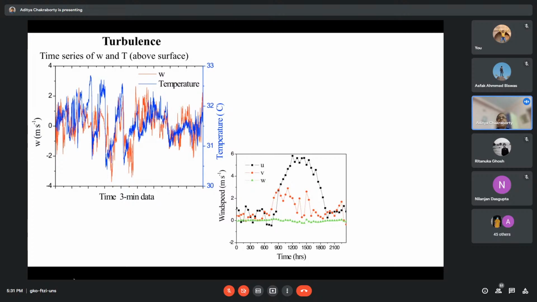So on a very small time scale, W varies a lot, and this high variation of wind is actually responsible for this exchange process.